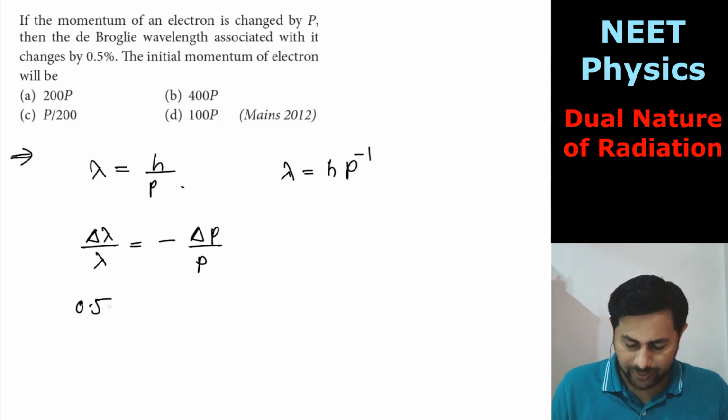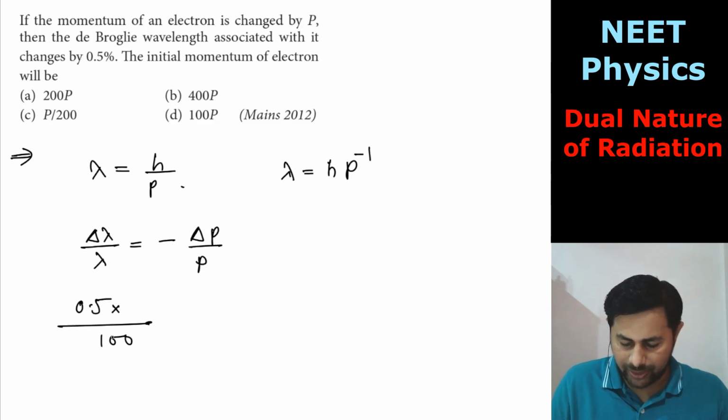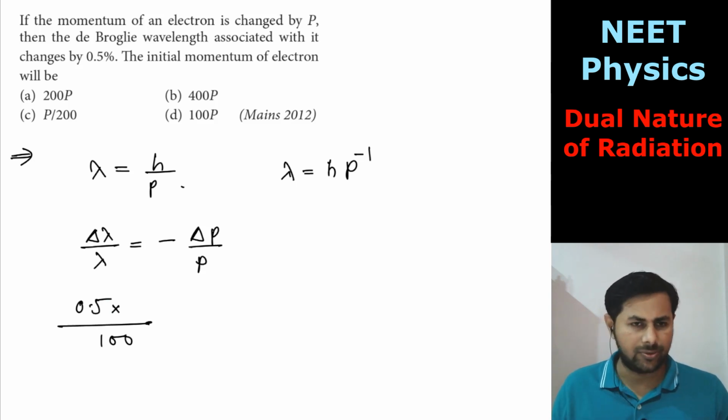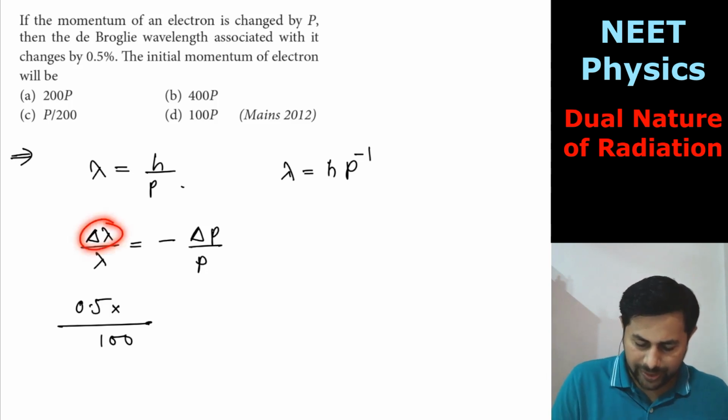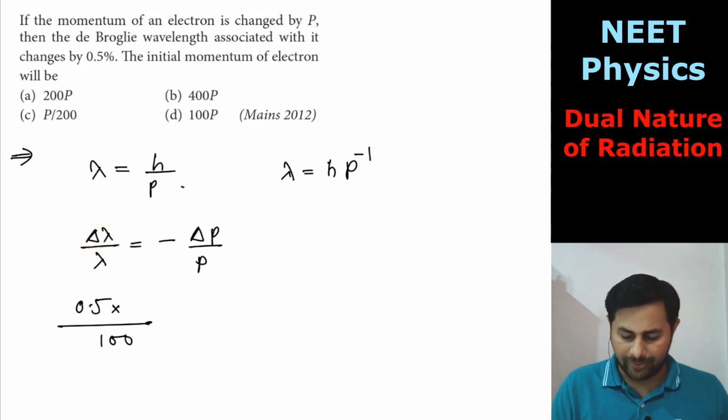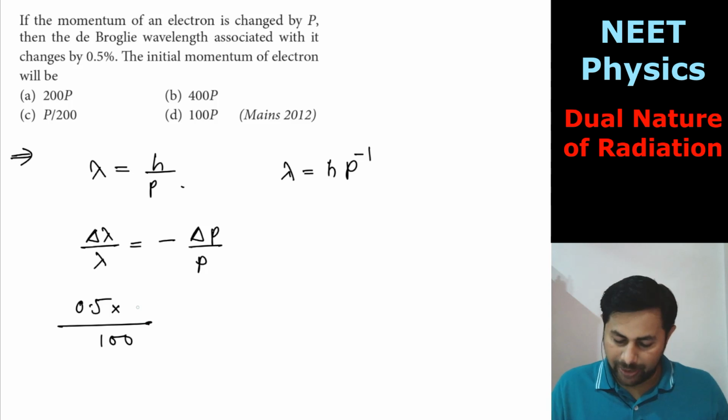So 0.5 times, in the denominator, what you can do is put wavelength equals to 100 only. Okay, so then what will be delta lambda? It will be 0.5 times of lambda, right? 0.5 times of 100.